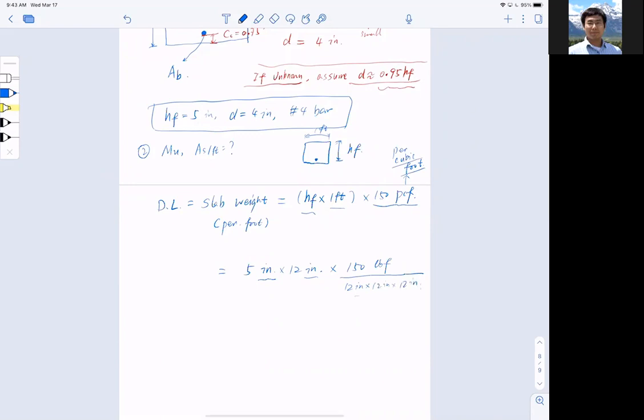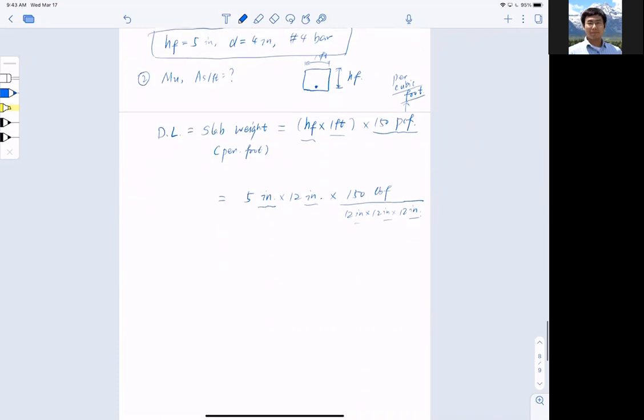So I have inch cubed. All right, so now let me put the units straight. This is 5, this is 12, this is 60, and multiply 150, and I have inch squared, check, multiply pound, check, and I have 12 to the power of 3, and inch.